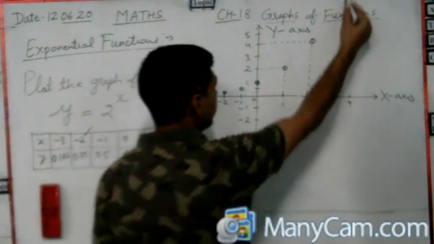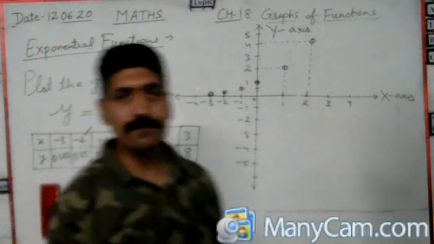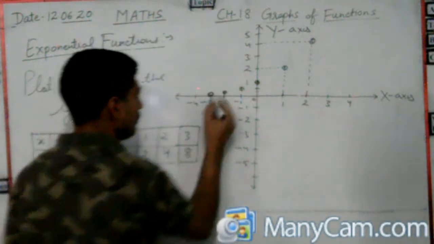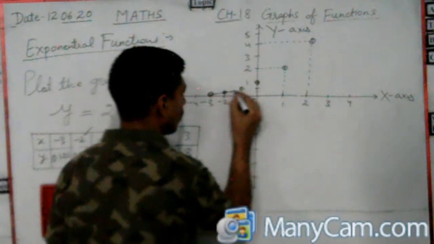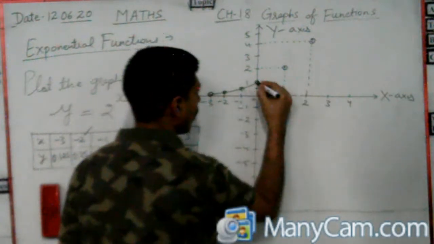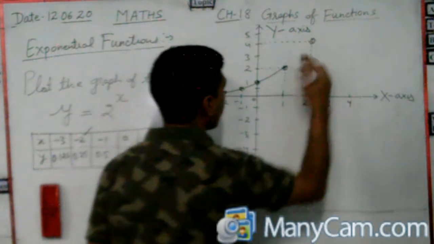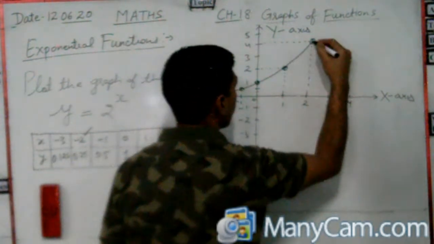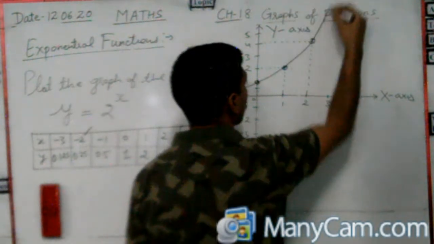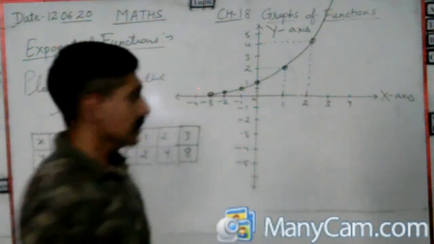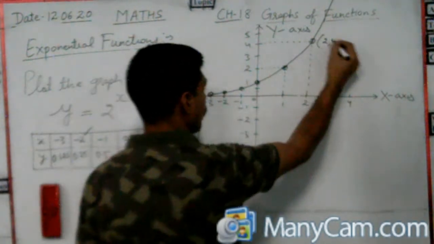So here we can have the graph of this exponential function. This is 2, 4.